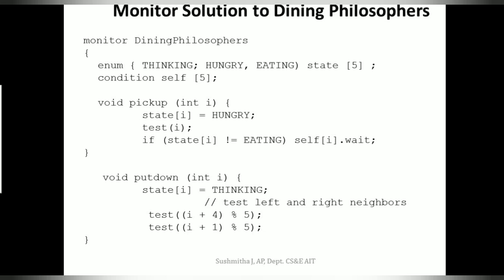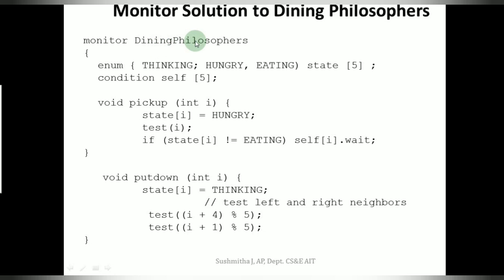Having said that, now let us look into the algorithm of the dining philosopher problem. Here you can see, as told, we design the monitor program construct as a module or a package preceded with the keyword monitor.